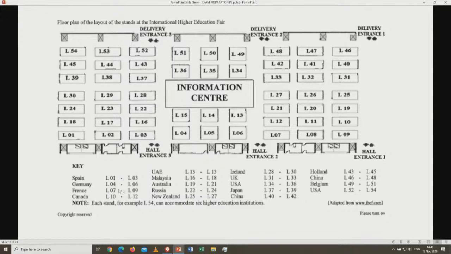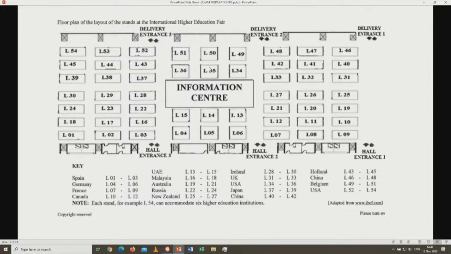So if you look at Germany, 4, 5, and 6. 4, 5, and 6 is Germany. So 3 stands belong to Germany over the total number of stands.